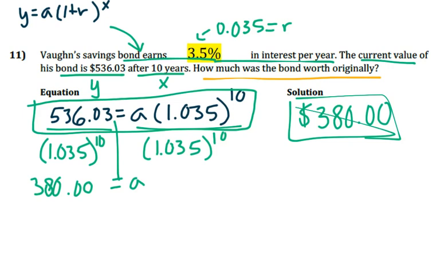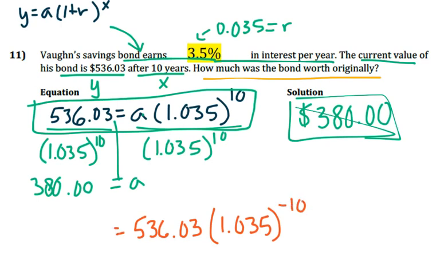Now there is a different way of approaching this. If we switch and say the current value, $536.03, is a, then we could multiply by 1.035 still, but now we're going back in time to find the initial value, going back in time 10 years.